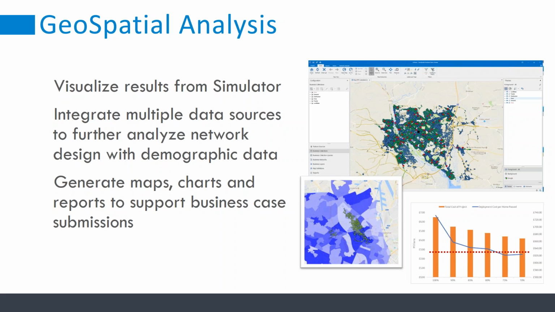And then we can integrate these different data sources, such as profiling information or just information about the areas where we want to deploy our network, to create the best business case that we can. That is, where we want to deploy the fiber, how much it's going to cost, and then getting all the different reports so that we can actually make the most informed decision.